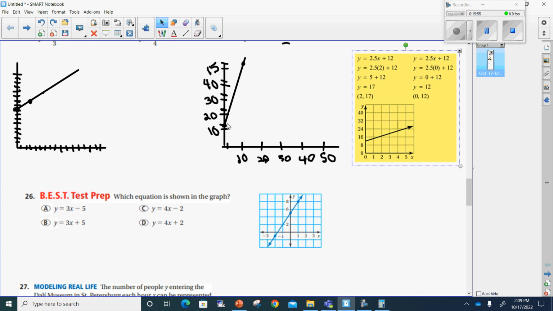So at five, I would have about 24. See that? But the rates are the same. We just did it a little bit different here, showing map to map.